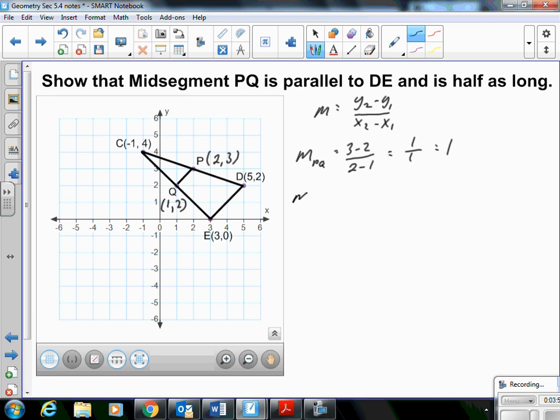Then we want to do the same thing for DE. So for the y's, you've got a 2 and a 0, so 2 minus 0. And then 5 and 3 for the x's, so 5 minus 3. Which will give us 2 over 2, which reduces to 1.